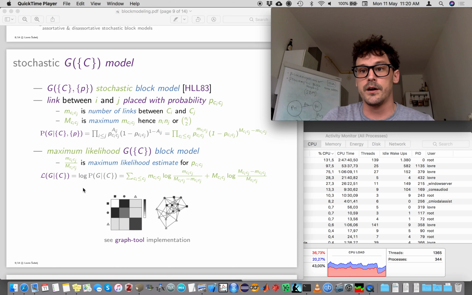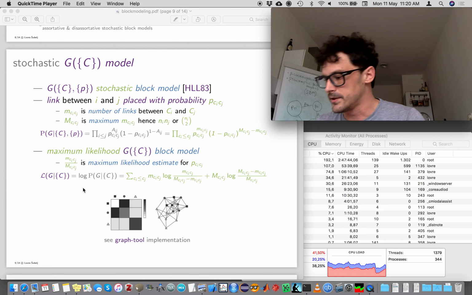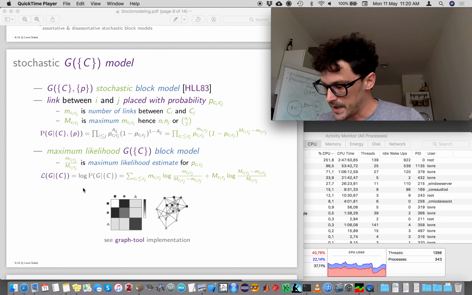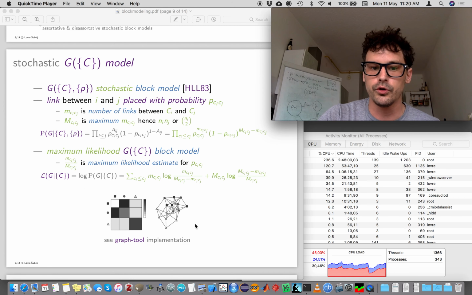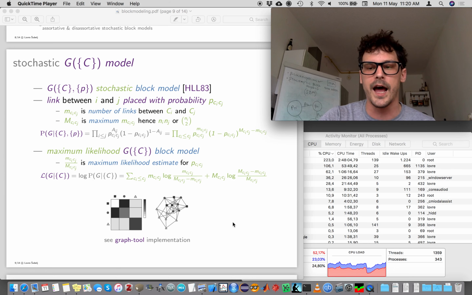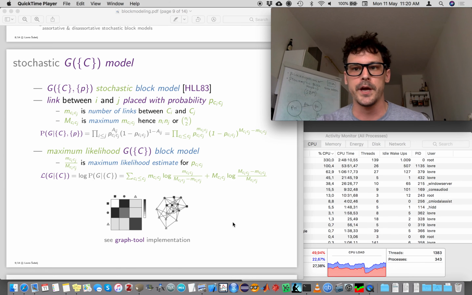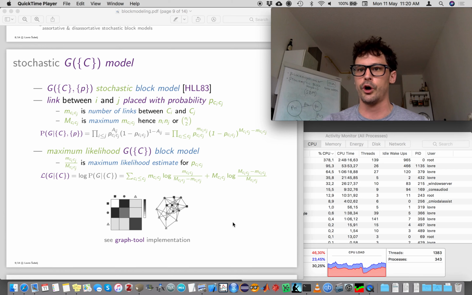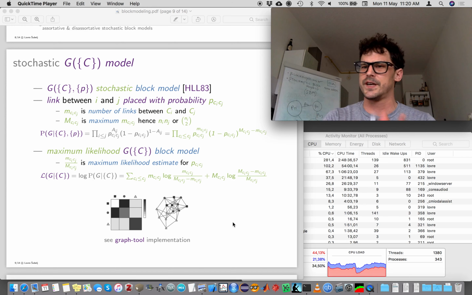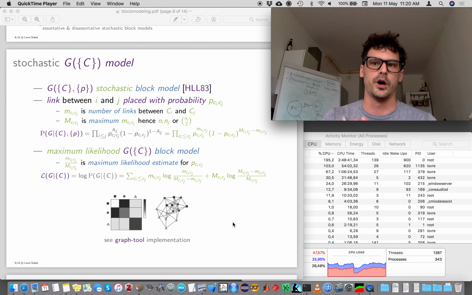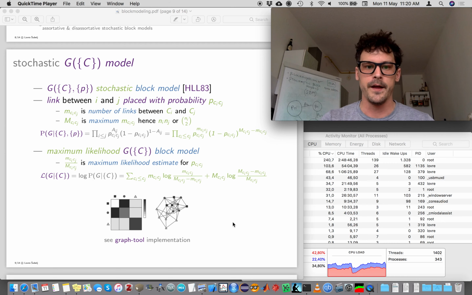Approaches for that are implemented, for instance, in the graph-tool library, whose author is Tiago Peixoto, which is at this point probably the most well-known author in community detection, network clustering, stochastic block modeling, and so on.